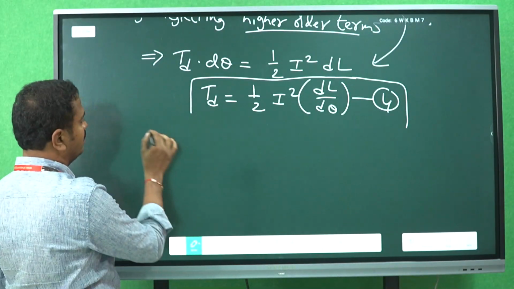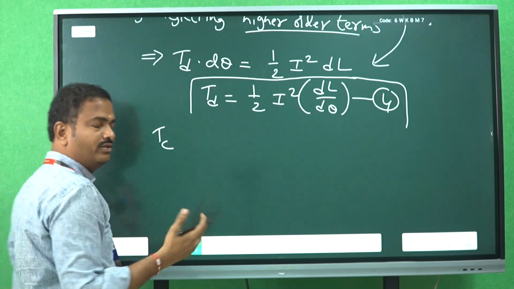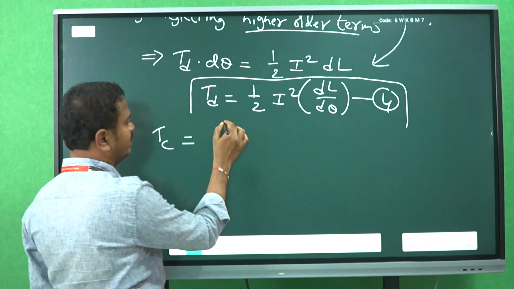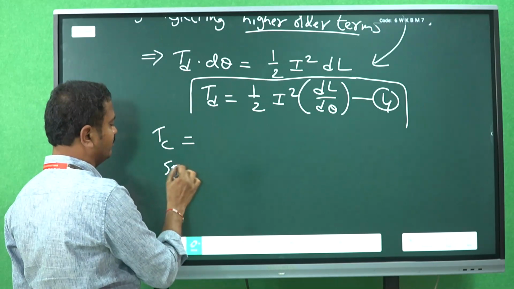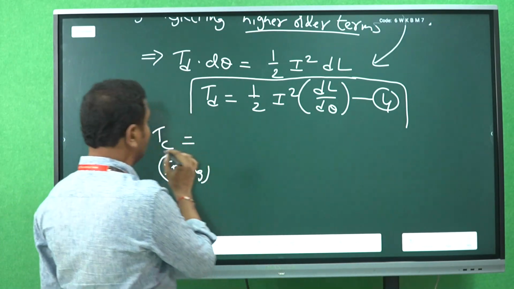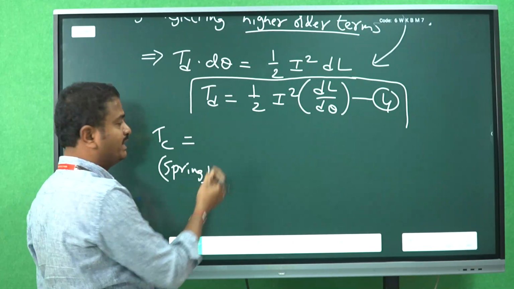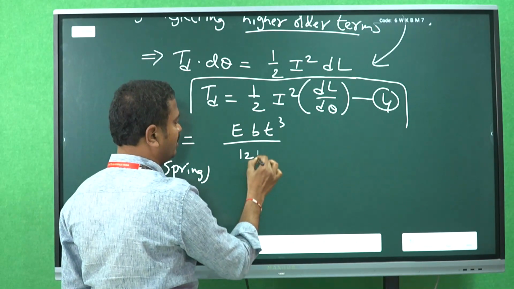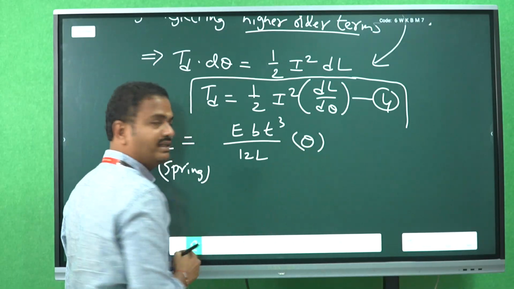Now the controlling torque. We know about the controlling torque expression. From physics, the controlling torque comes from the spring. The controlling torque produced by the spring is E B T cube by 12L into angle of deflection theta.